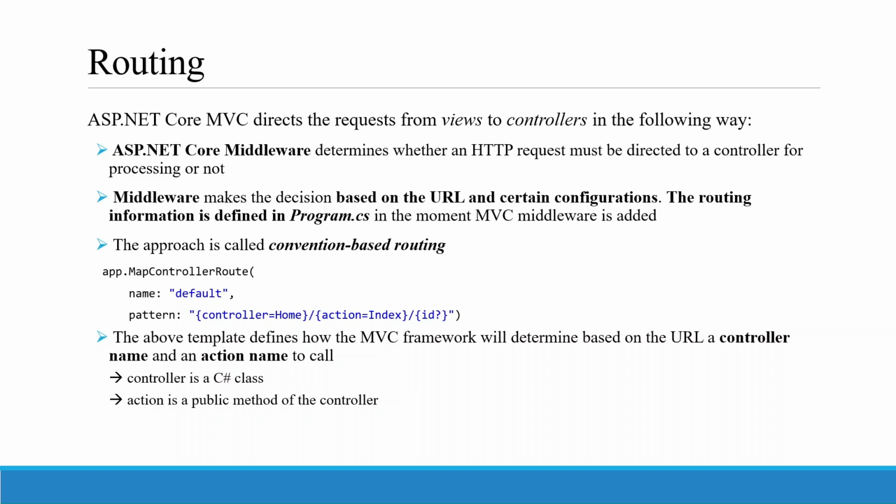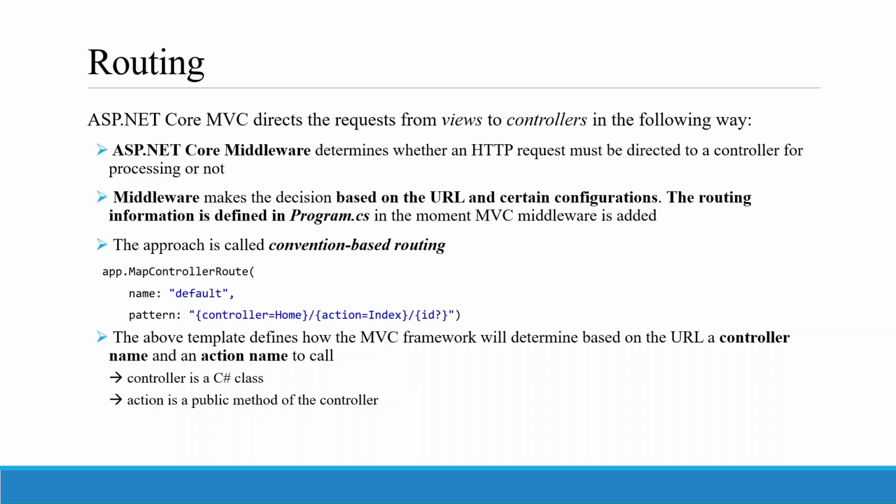The routing information is defined in the Program class at the moment the MVC middleware is added. This approach of defining the routes is called convention-based routing. If we go to the Program class, we will see a call like this: MapControllerRoute, which receives two parameters.